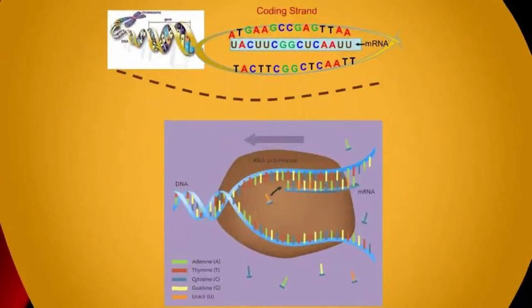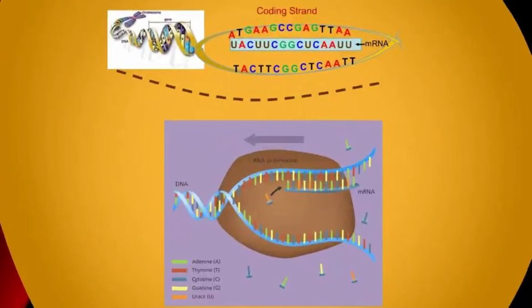The strand that's being used as a template is called the antisense strand. So not both strands are being used to copy the RNA, just the one strand. We refer to this as the template, also called the antisense strand, which means the other strand not being used as the template is called the sense strand.